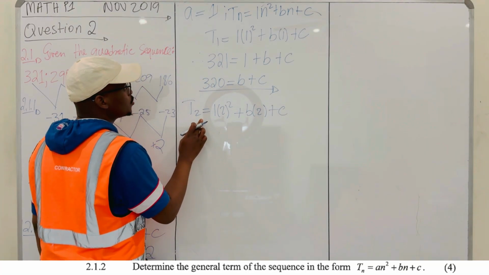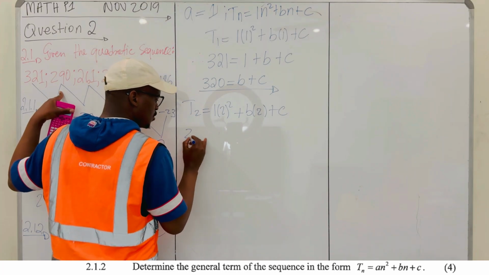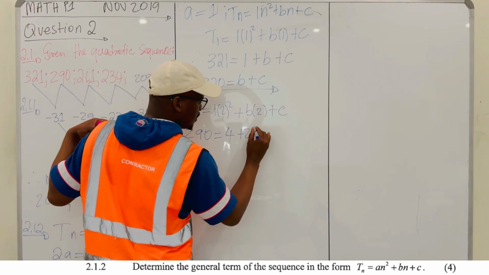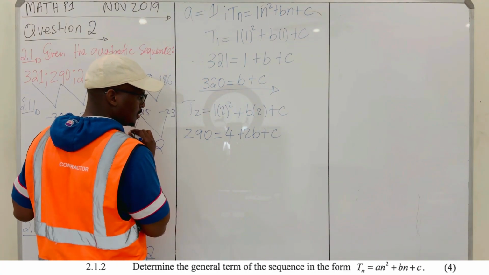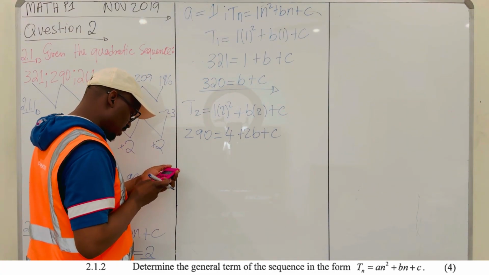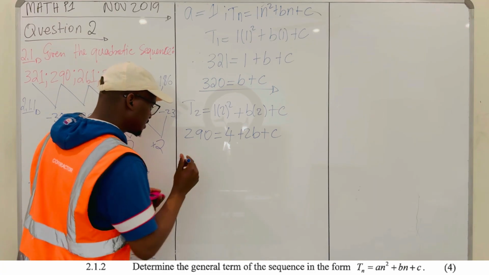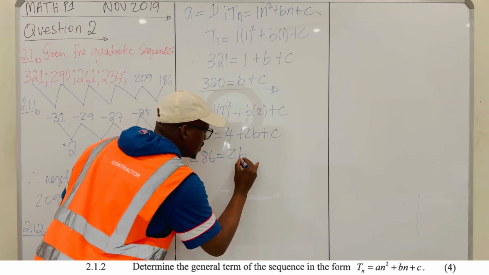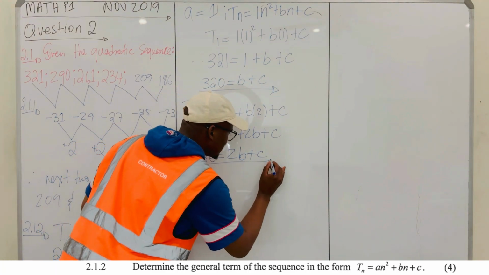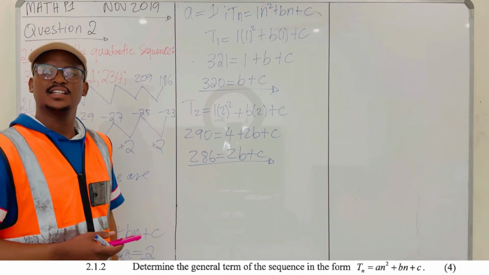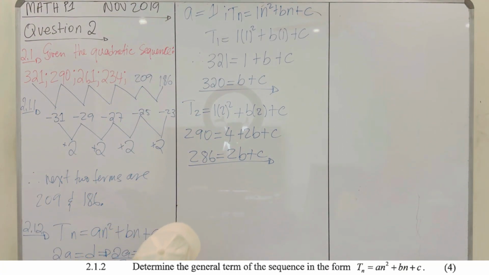So your T2 is 290, which is equal to 4 plus 2b plus c. So 290 minus 4 should be 286. So you have 286 is equal to 2b plus c. So here's the second equation. The only thing you'll have to do now is to solve these equations simultaneously. Right? Fine. We're going to use elimination. You can use substitution if you want.